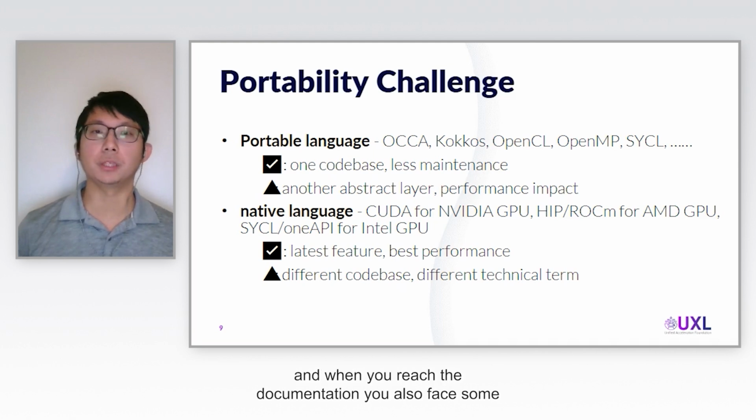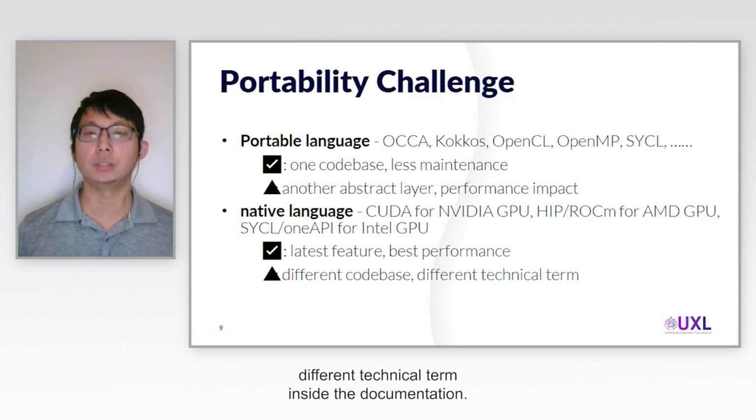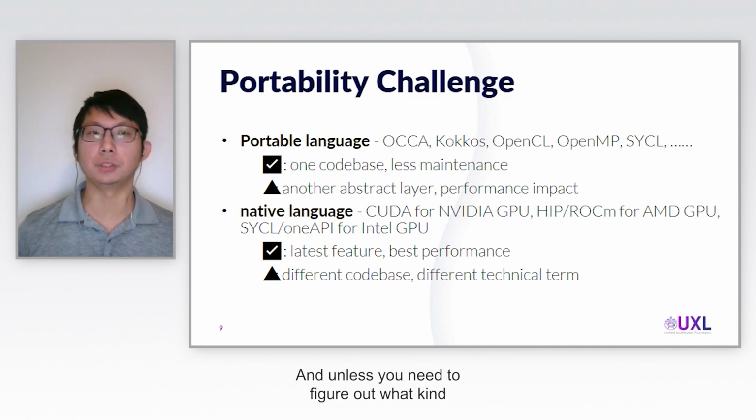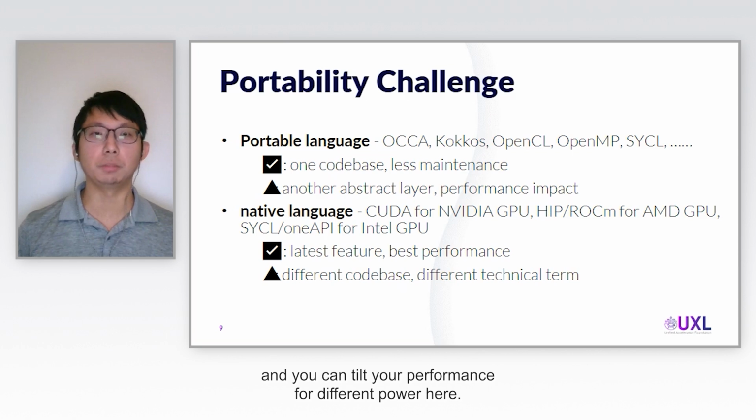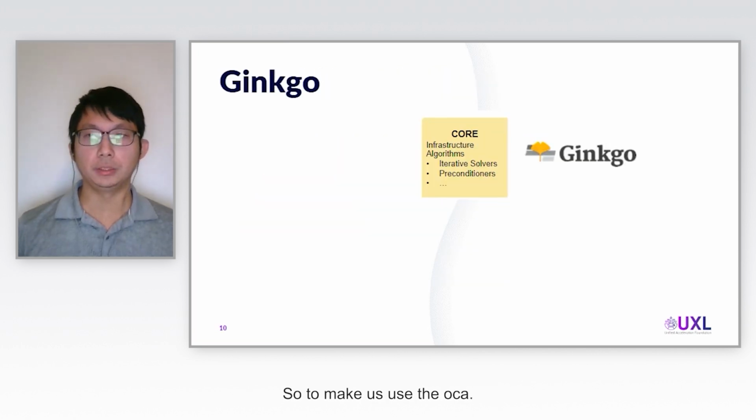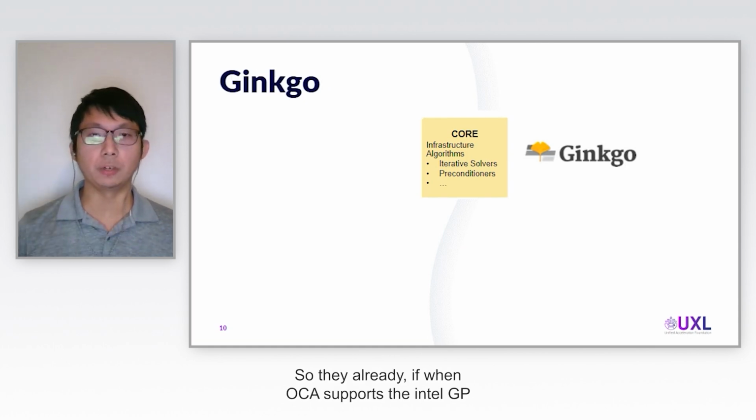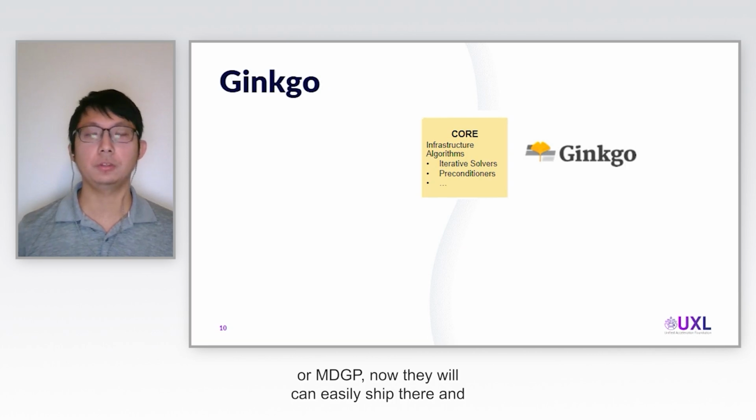When you read the documentation, you also face different technical terms, and you need to figure out what fits your needs and tune your performance for different hardware. nekRS uses OCCA, so when OCCA supports Intel GPU or AMD GPU, they can easily shift there.